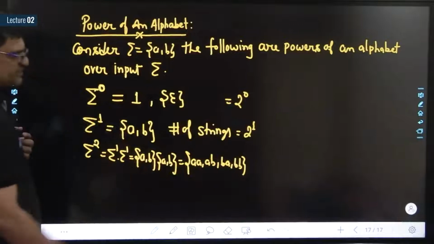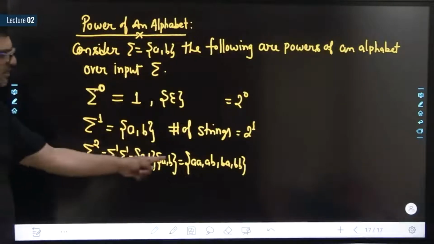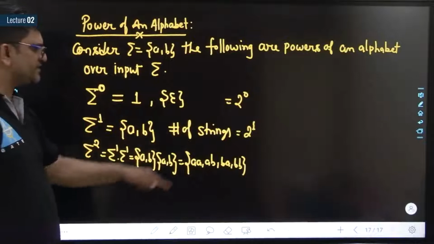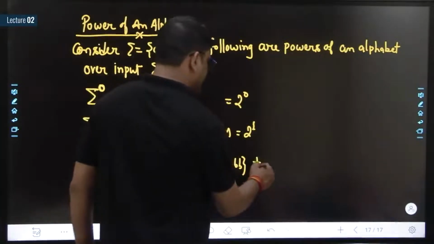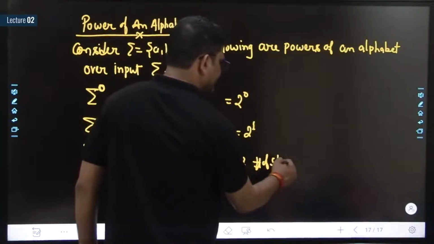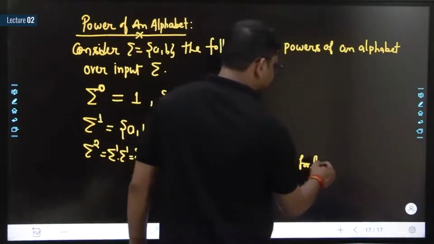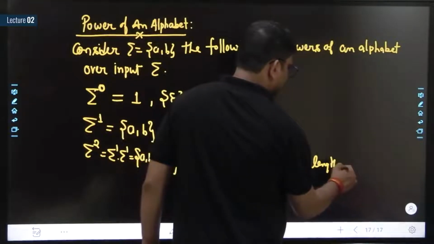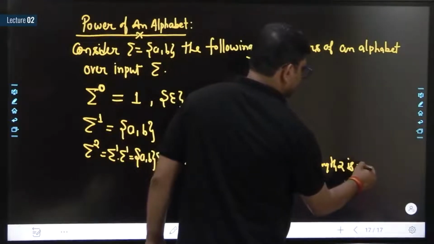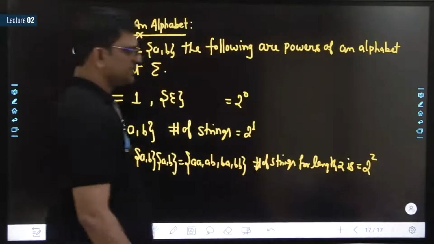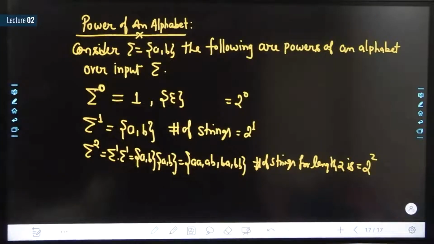The length of the string is 2 and the number of strings for length 2 is 2 to the power 2. Is it clear?